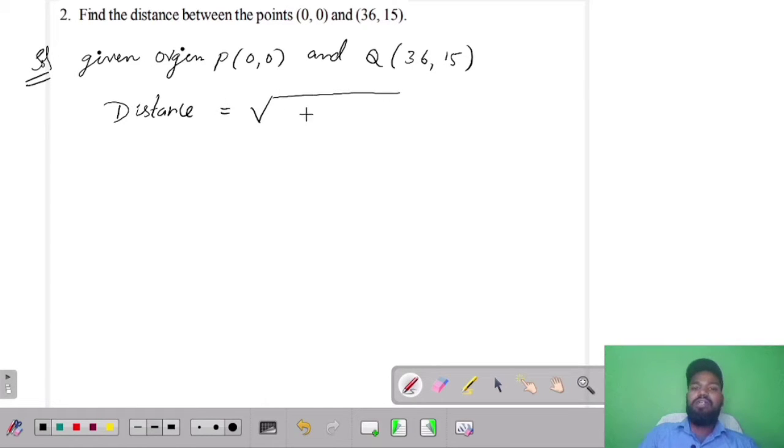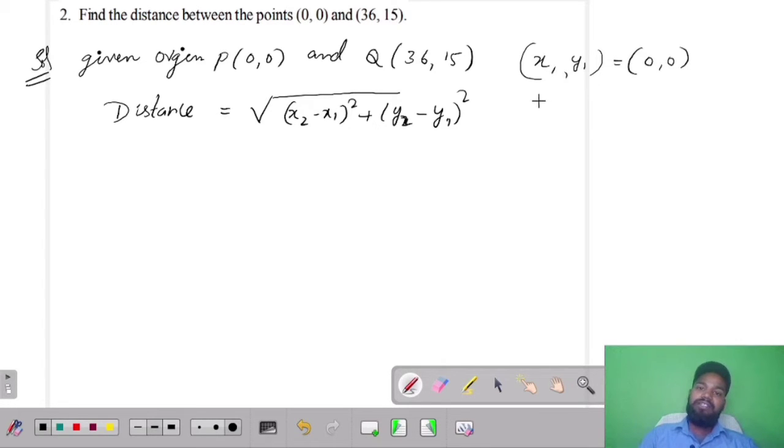distance equals under root x2 minus x1 whole square plus y2 minus y1 whole square. Now I am writing clearly for your understanding. x1 comma y1 equals 0 comma 0, and x2 comma y2 equals 36 comma 15.